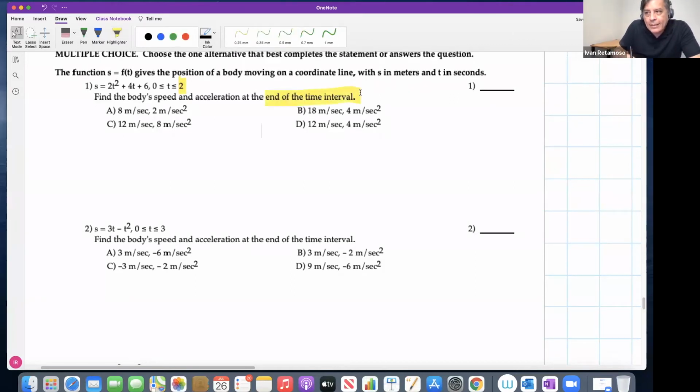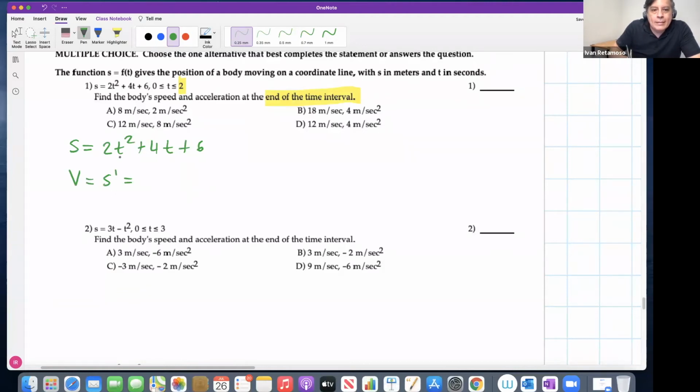Okay, great. So how does this work? Well, let me give you this example, then you will do the next. s is equal to 2t squared plus 4t plus 6. That's our position function. They want the velocity, but velocity, remember, is just the derivative of the position function.